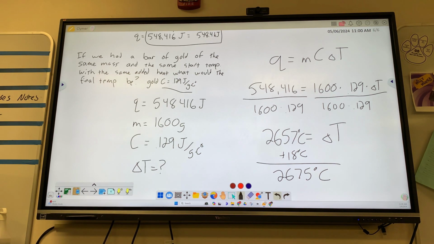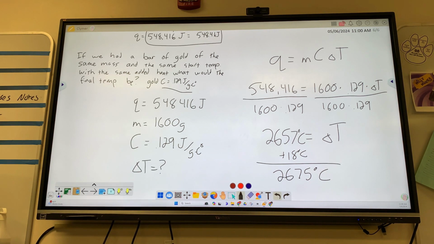So let's bring this all back in. What's the answer on that? So, did our gold temperature increase more or less than our water temp increase? So, the melting point of gold is something like 2,000 degrees Celsius.